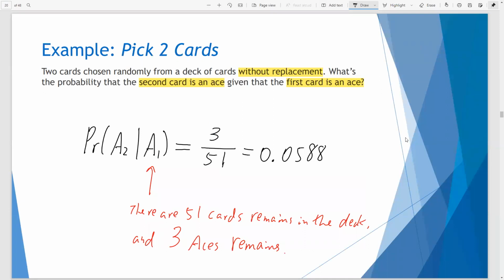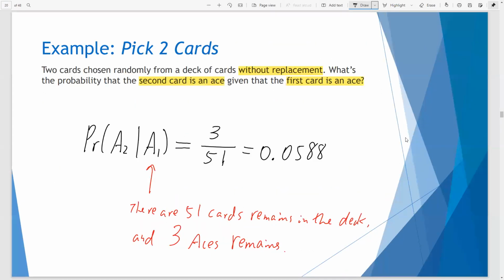Okay, so that's picking two cards. Oh, well, that's all the questions. So probability is hard. With different word problems, you need to analyze your question very clearly, of what you're going to do with it. So that makes probability questions extremely hard.